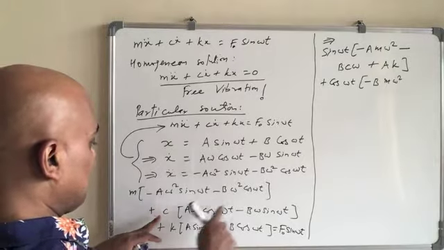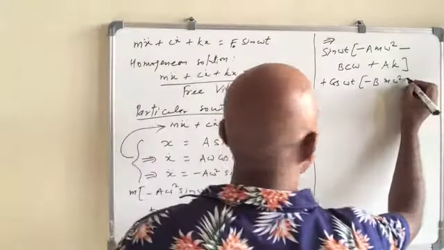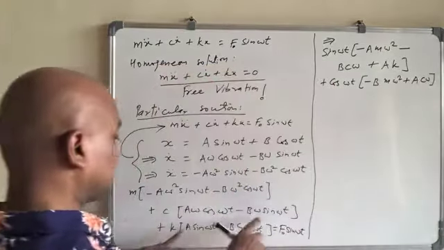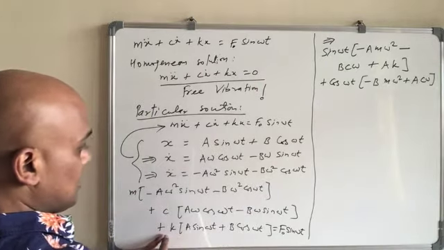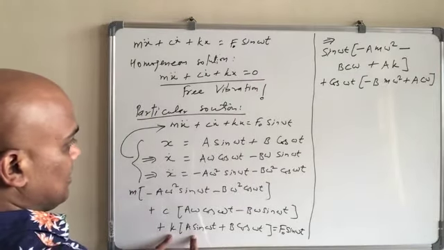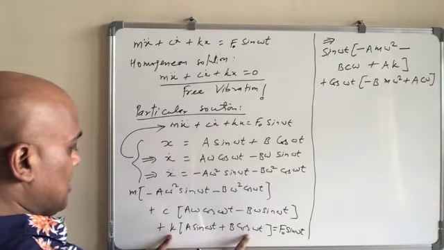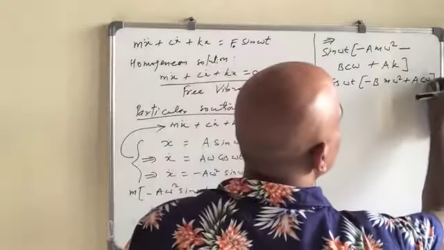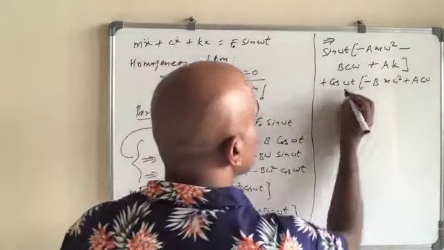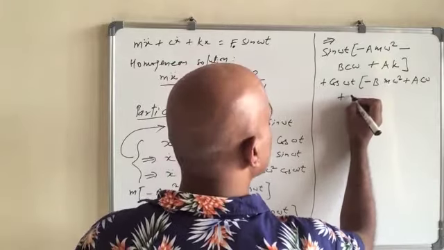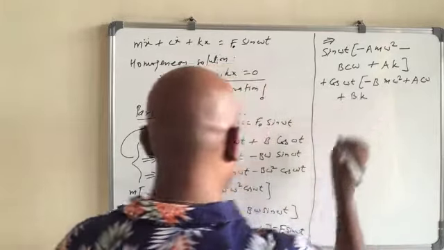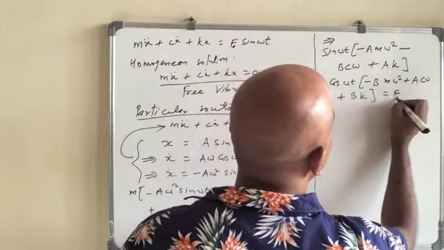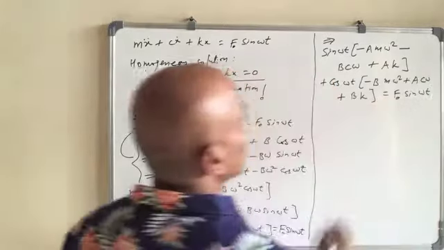Okay, then we have plus c omega, then we have here, so more here, plus k b k, and then is equal to f naught sine omega t.